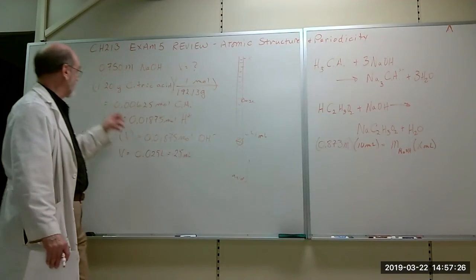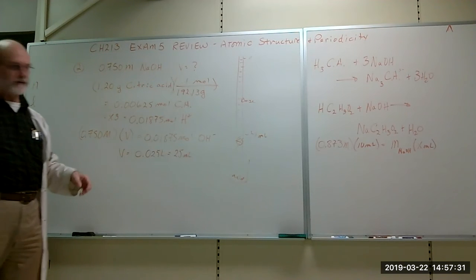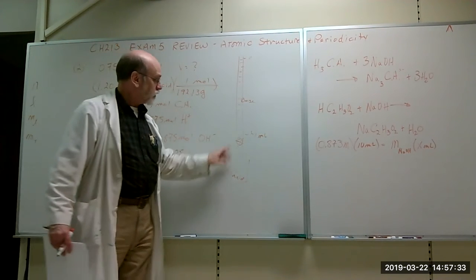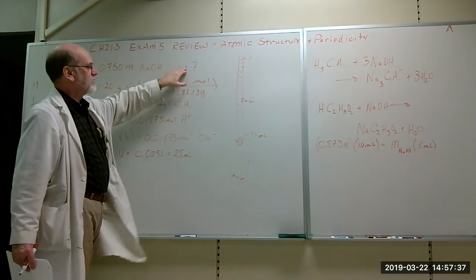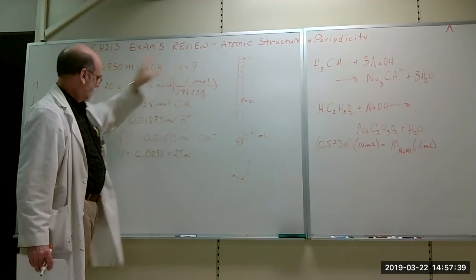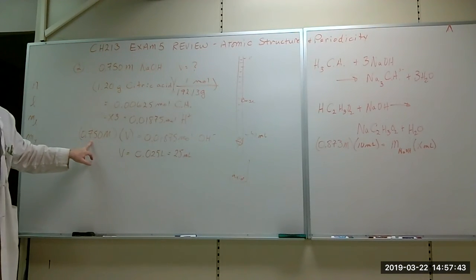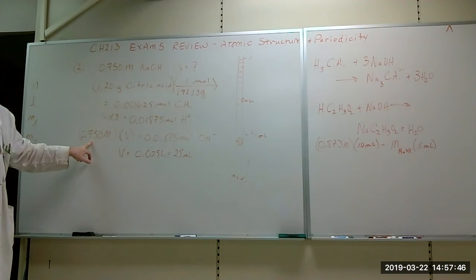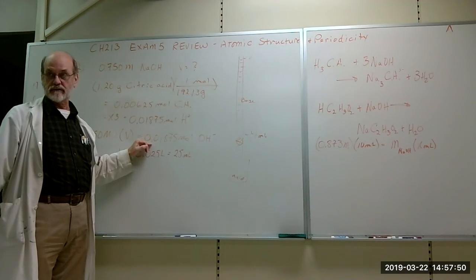It doesn't have to be exactly 1.2, whatever it turns out to be. Then when you titrate the known base, you're going to have a volume that you deliver, and that volume times this molarity, the standardized molarity, will give you the number of moles of hydroxyl.